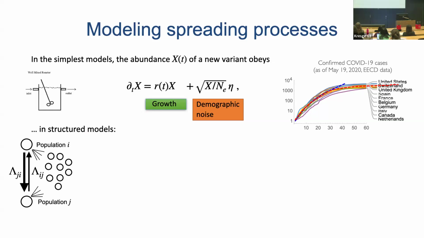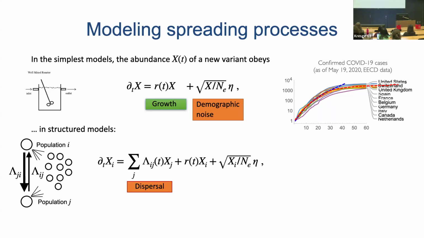There's dispersal between the different demes. And so I have to introduce a matrix, lambda ij, I'll say more about this matrix later on, that characterizes how infections are being carried around. And then a more general model would look like this, where you have the same terms as before, but in addition, a term that describes how cases are brought to deme i from other demes.